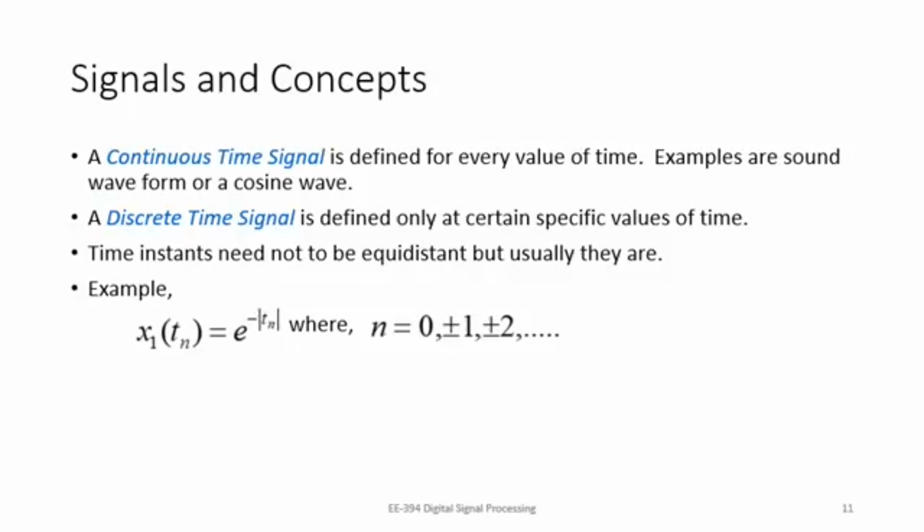It will not happen. The signal will be defined for all values of time between 0 and 3. So essentially what we are saying is that there will be an infinite number of signal values between time 0 and 3 seconds. Such signals are called continuous time signals.